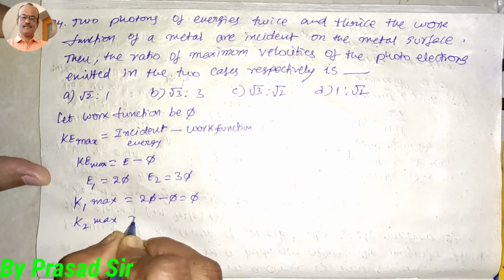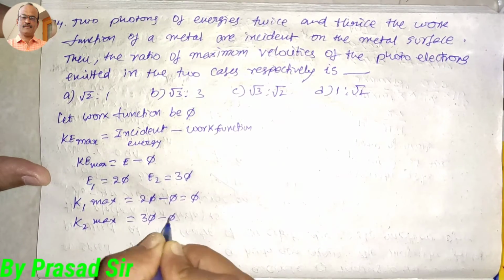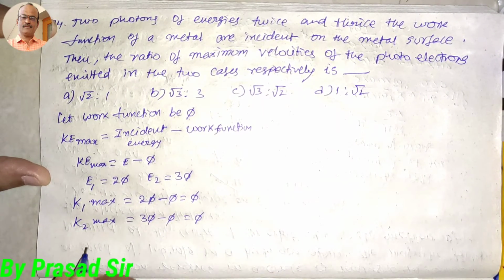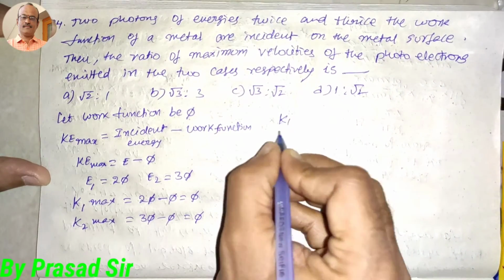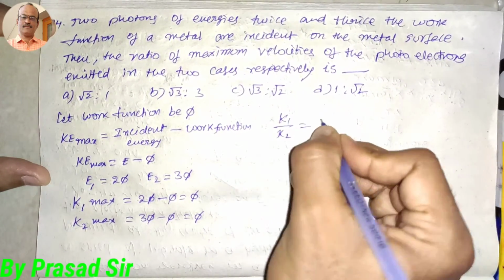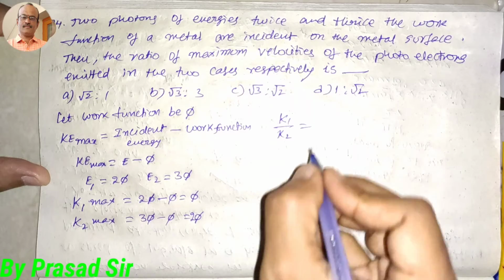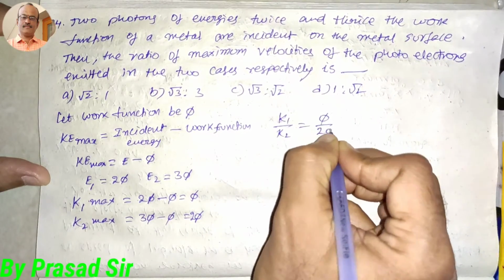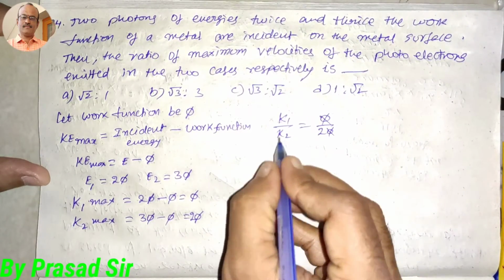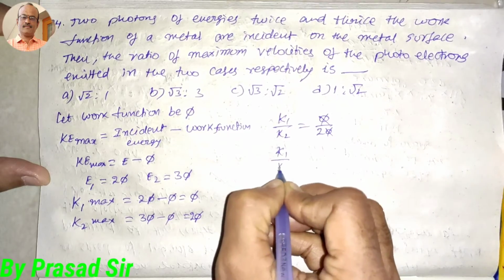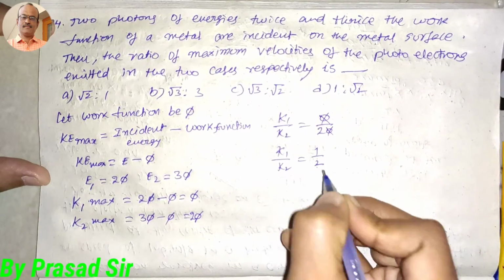K2 max is 3 phi minus phi, equal to 2 phi. But I want to find the ratio. K1 divided by K2 is equal to phi divided by 2 phi, phi gets cancelled. So K1 divided by K2 is equal to 1 by 2.